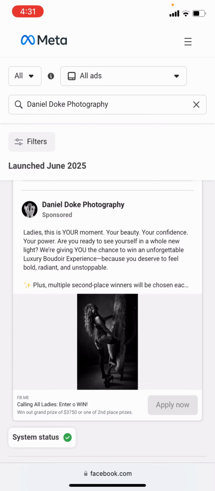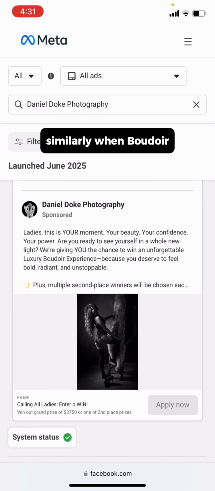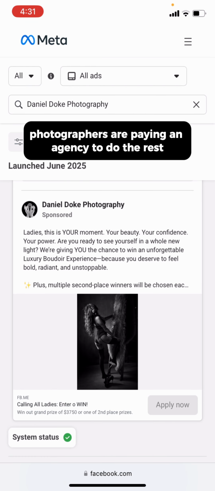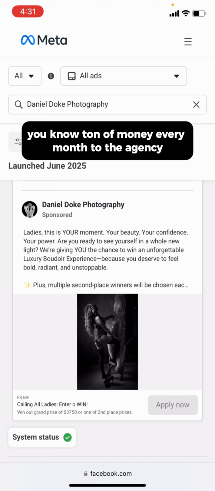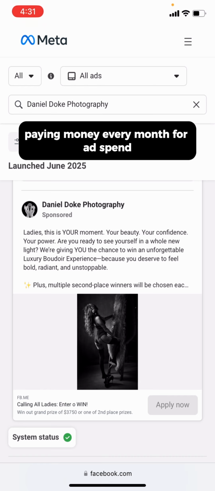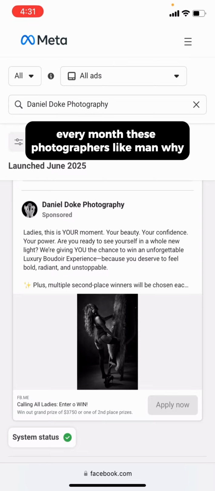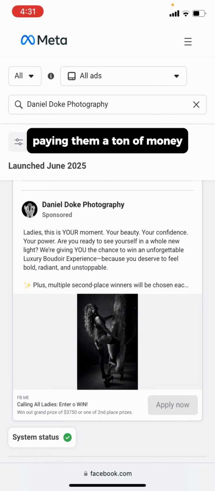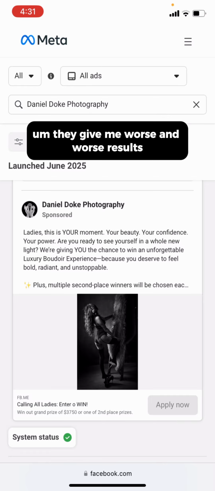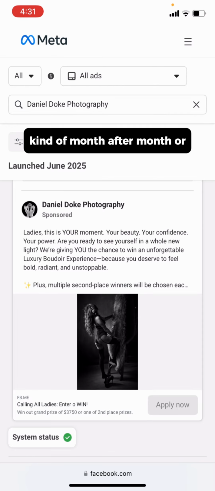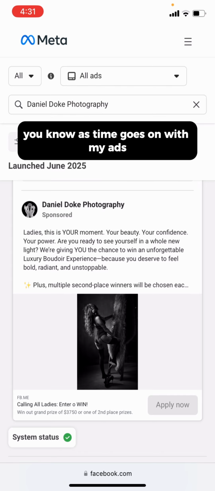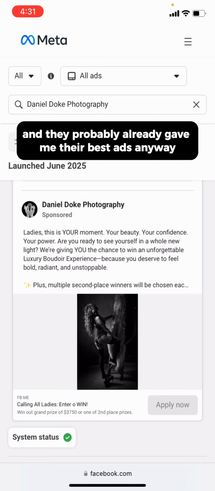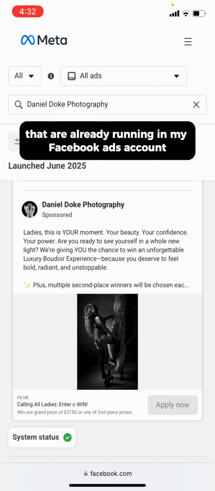Similarly, boudoir photographers who are paying an agency to do their ads, a ton of money every month to the agency, paying money every month for ad spend, are still getting worse and worse results every month. These photographers say, why am I still paying this person a ton of money? They give me worse and worse results month after month, and they probably already gave me their best ads that are already running in my Facebook ads account.